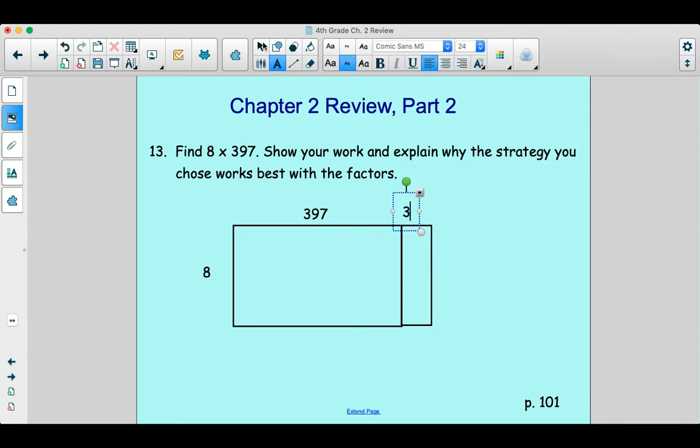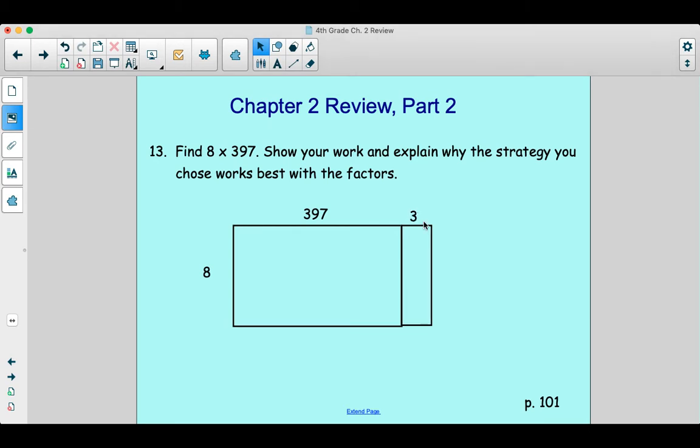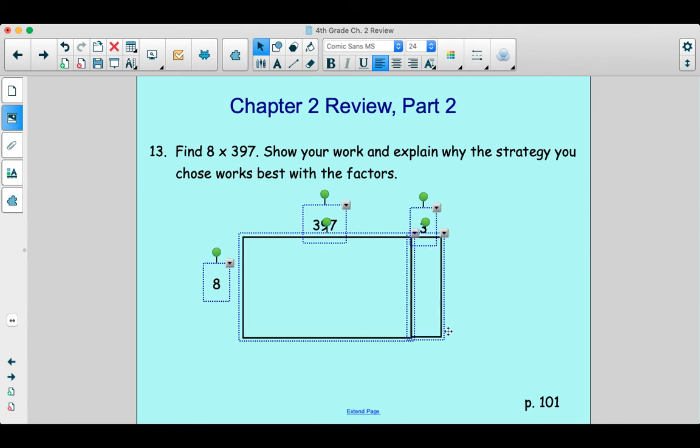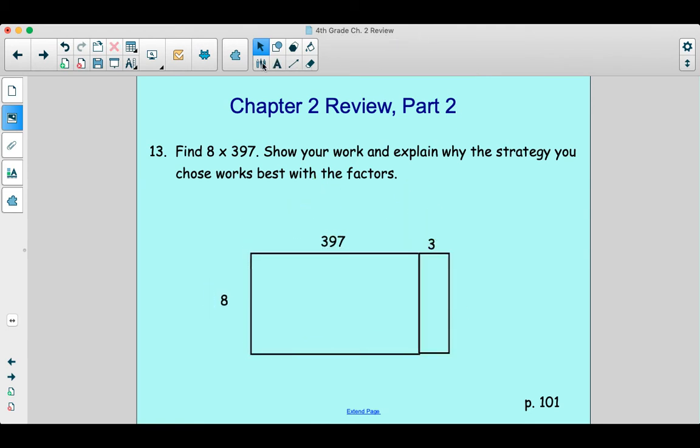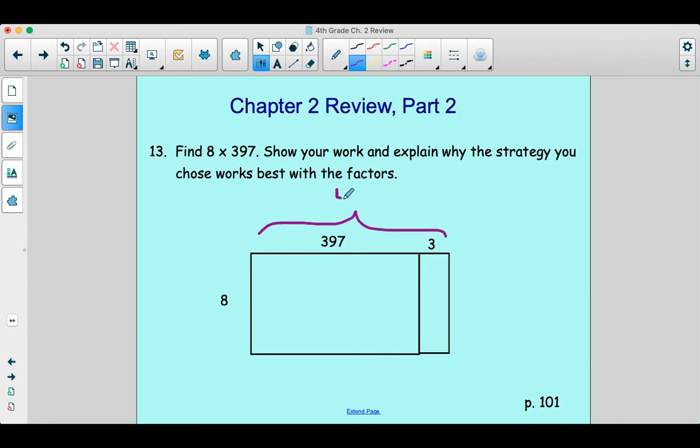Now, you guys, I don't actually need this part right here. What I'm doing is I'm just creating this friendly number 400 because now I'm going to be doing 8 times 400, which is way easier to do in my head than 397 times 8.